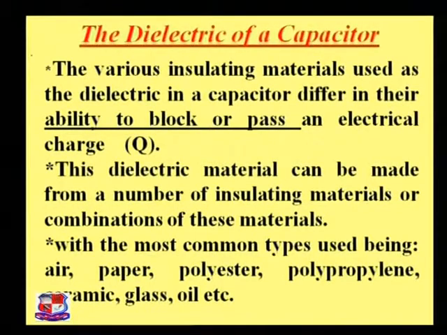Like mica, paper, wood, air, different dielectric materials have different ability to pass the electric charge through them or to block it. According to that we can find different forms or different ways of making the capacitor.